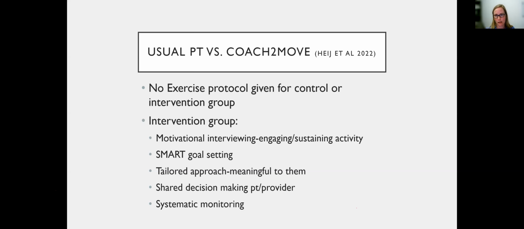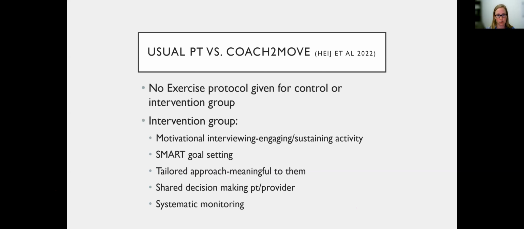This study is out of the Netherlands, and it looked at older adults age 70 and older. There was a control group of just the basic exercise protocol. And then the intervention group also completed the same exercises. There was no protocol; it was just kind of the standard of exercise throughout.